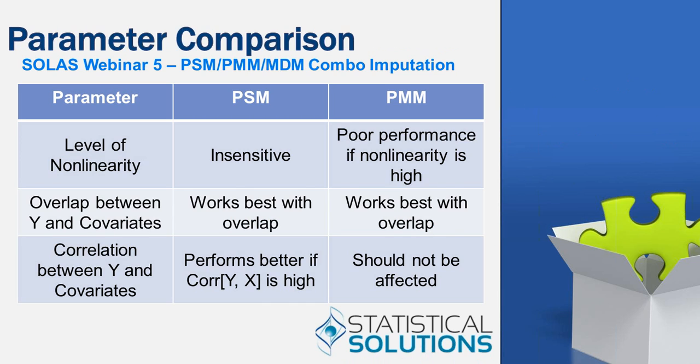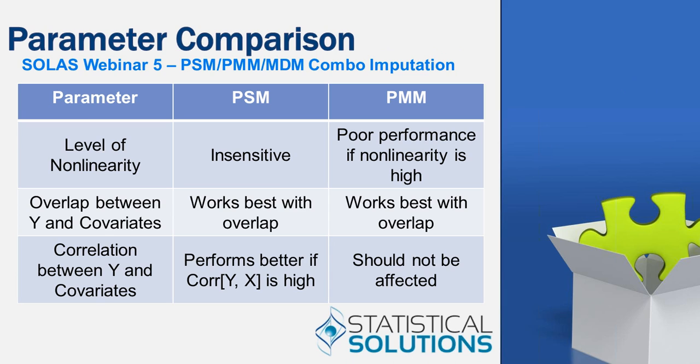So I'm just going to do a comparison now of various parameters for the propensity score and the predictive mean matching methods. How do these methods fare with the level of nonlinearity?